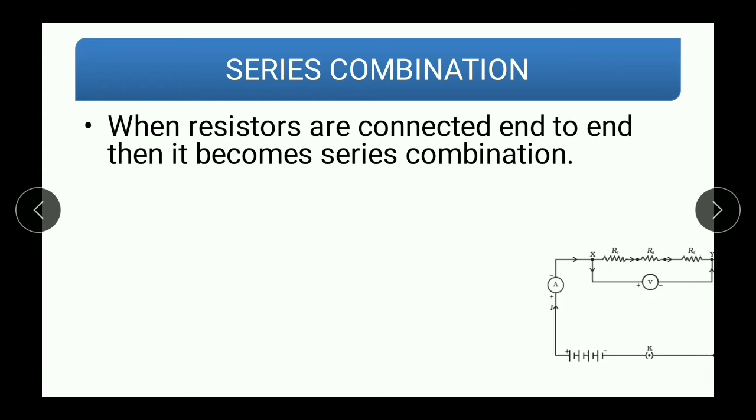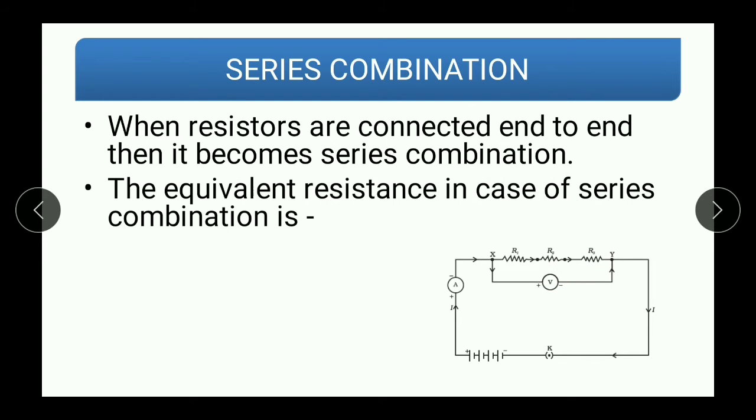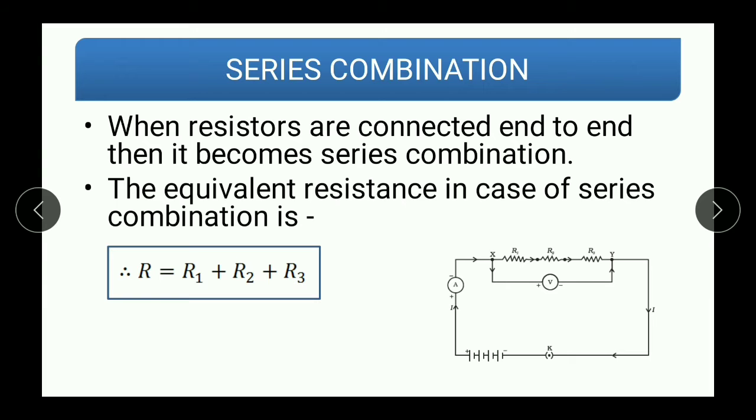When resistors are connected end to end like this, R1, R2, R3, end to end, then it becomes series combination. The equivalent resistance in case of series combination is R is equal to R1 plus R2 plus R3, and this we had derived in the earlier session.